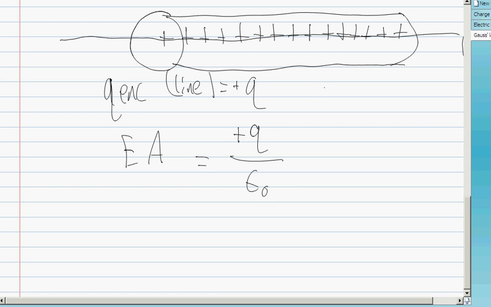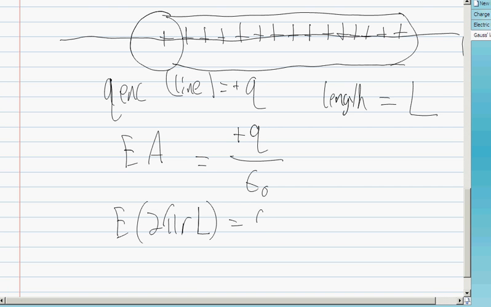We'll say the length of the wire is L. So in this case it would be E times 2 pi R L equals positive Q over epsilon naught. Our electric field is going to be Q over 2 pi epsilon naught R L.